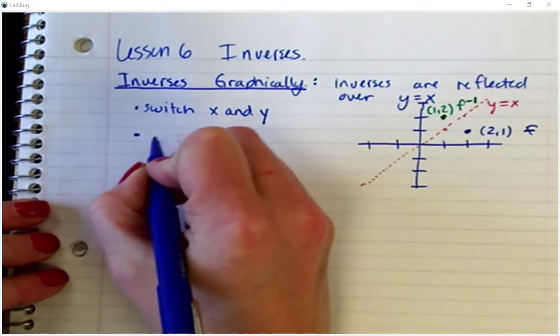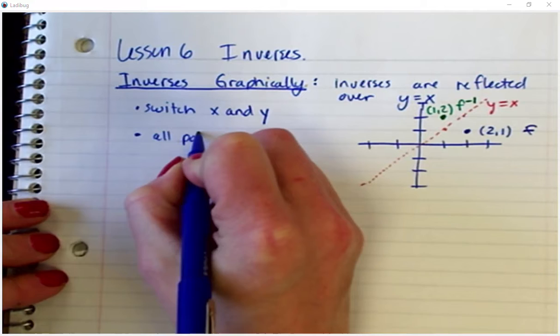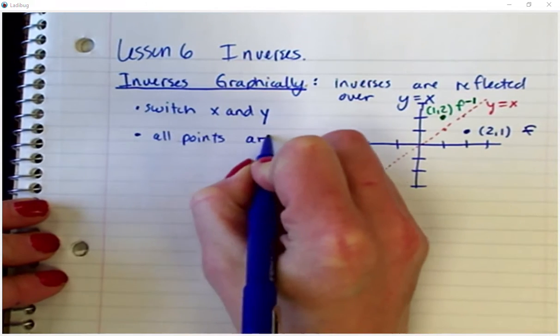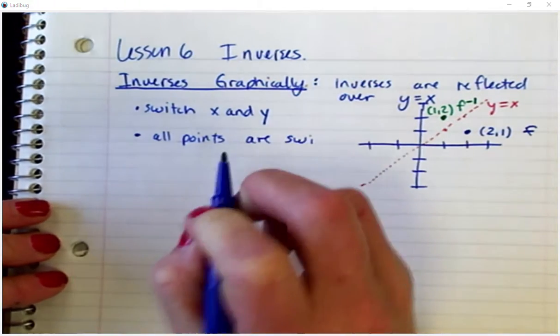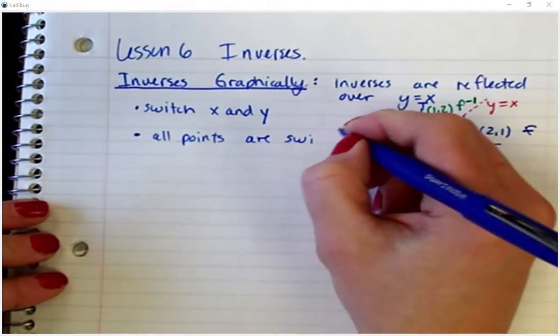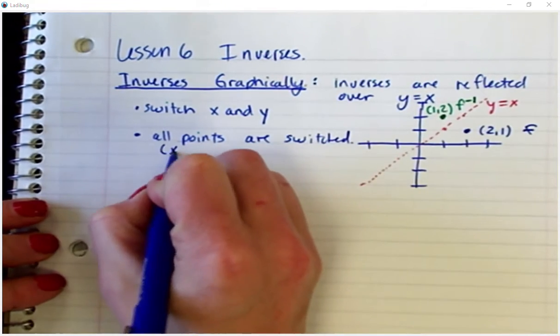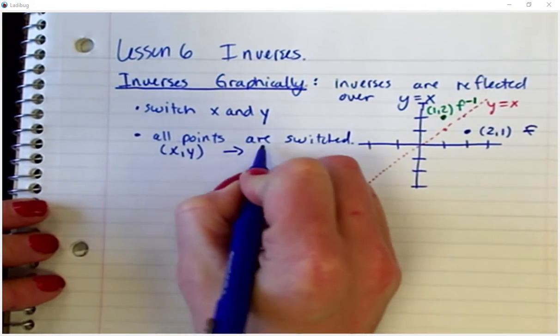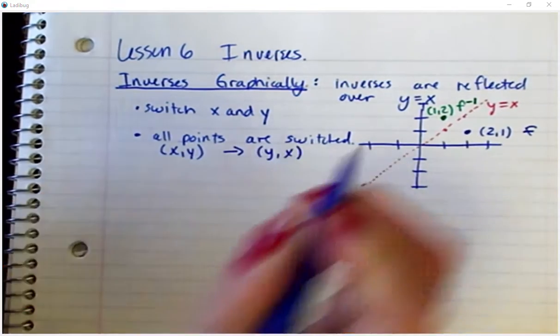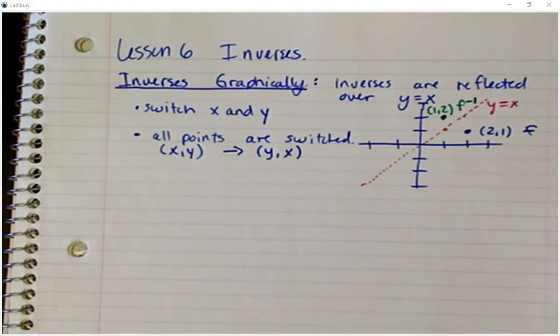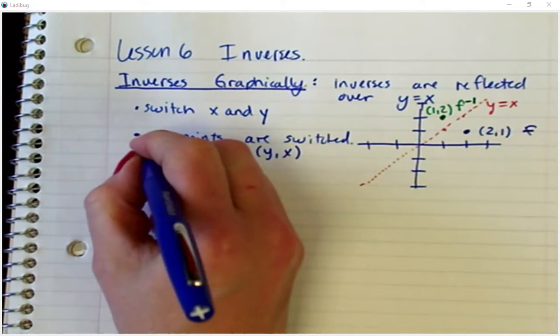So all points are switched. x comma y turns into y comma x. This would be the original.